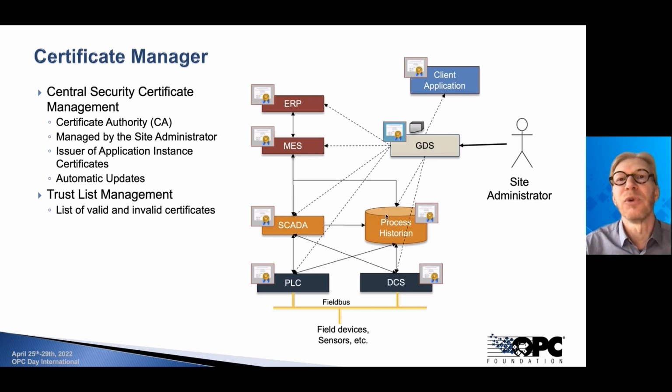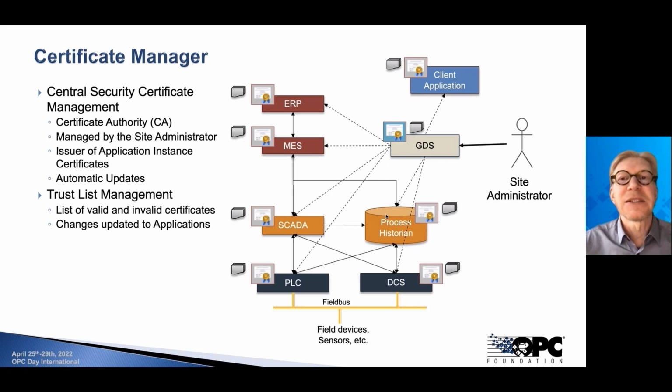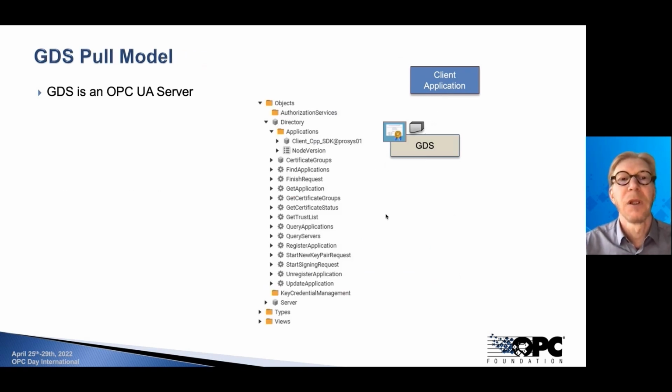And then it's important to deliver this information to the other applications which thought that they can trust it because it's issued by the GDS, but they need this revocation list to be updated so that they know that, okay, there's an exception. I shouldn't trust this application anymore. And these changes are then delivered automatically also to the applications through the GDS protocol.